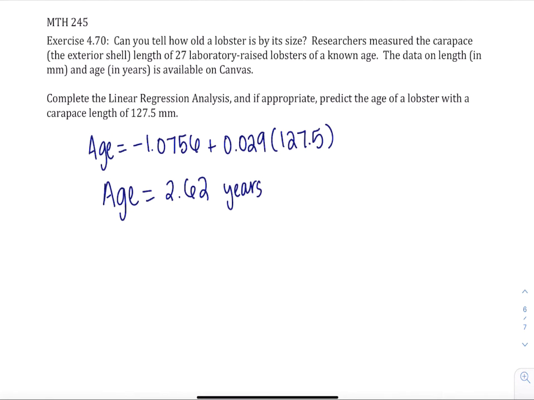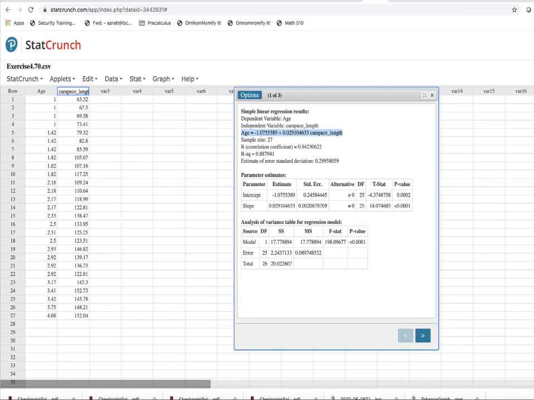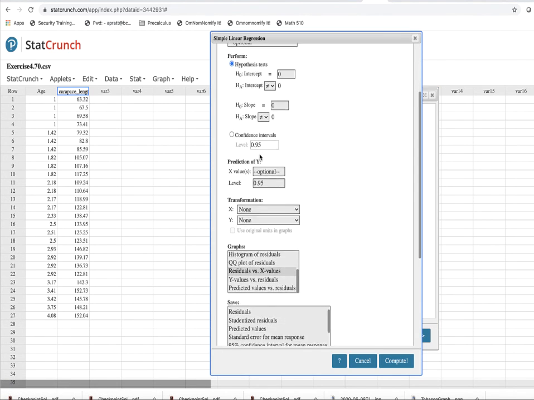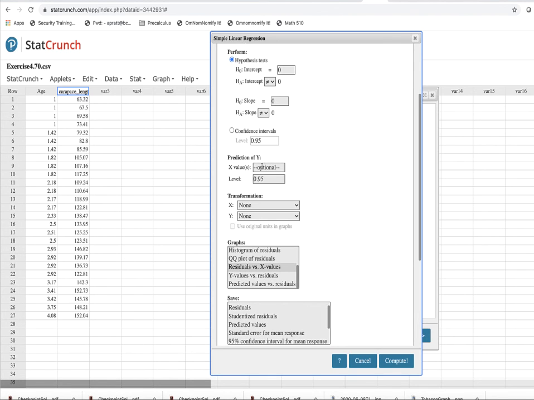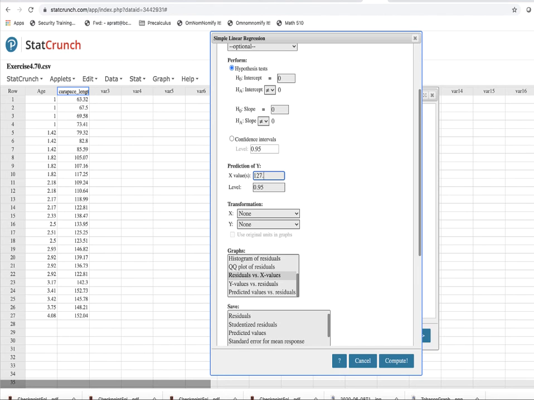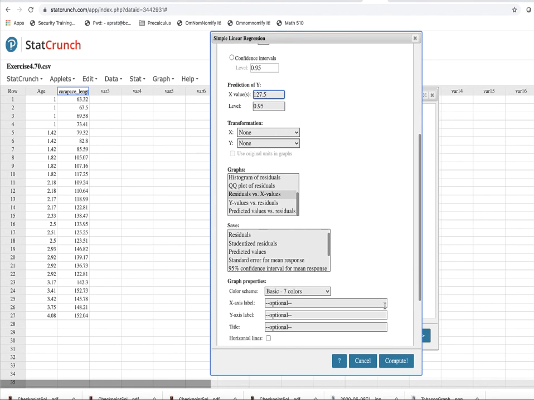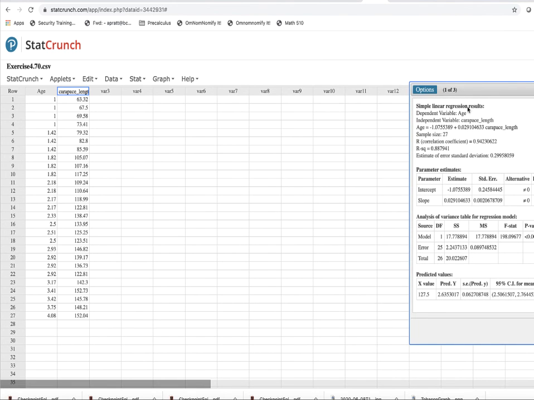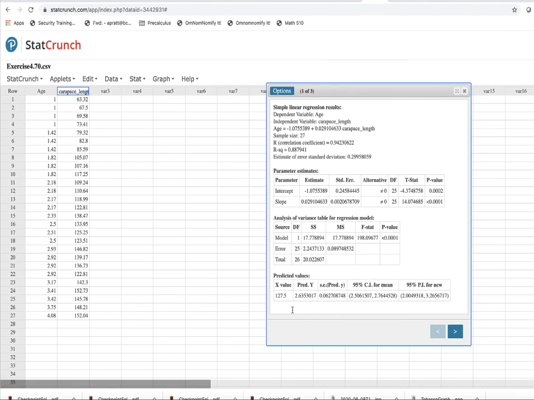I do want to show you a trick that you can use in StatCrunch when you're doing these predictions. If you go to Options, Edit, you can actually make a prediction right here. You can say my X value is 127.5. You can only do this one value at a time, but you can put that X value right there. When you compute, you are going to get your predicted Y right there.